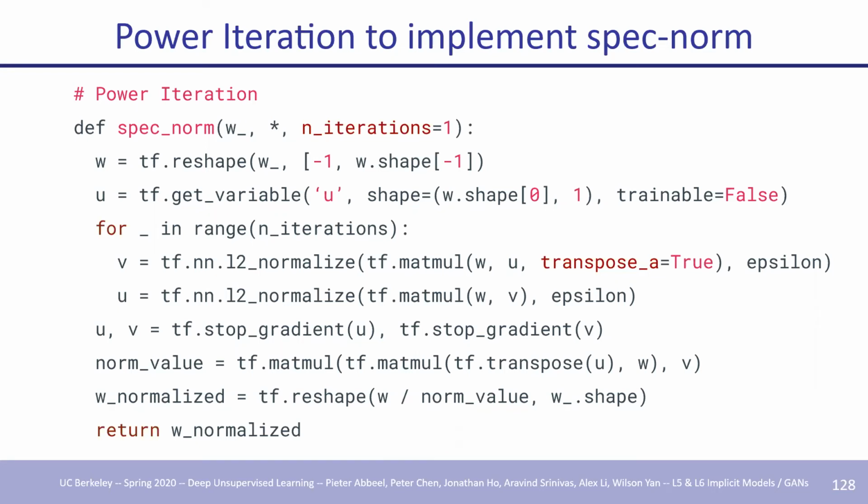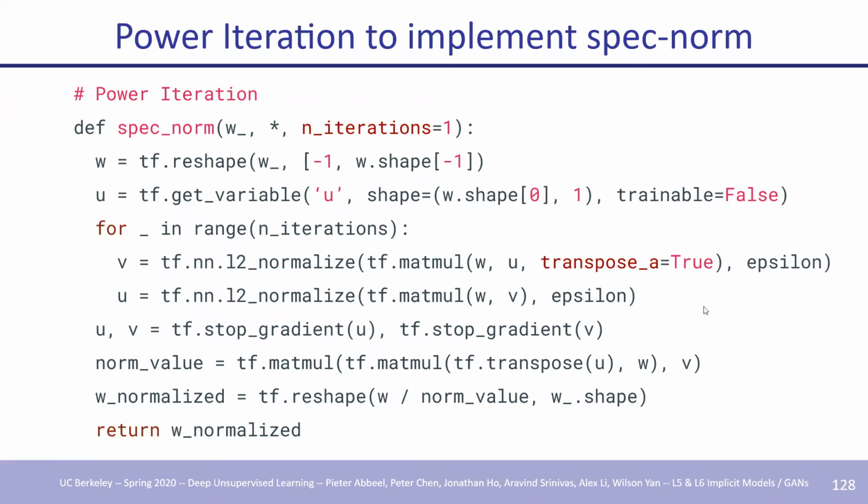So the problem still is how do we calculate the spectral norm? I know we can calculate the singular values with the SVD, singular value decomposition, but if we have huge matrices, I don't think it makes sense to do that.